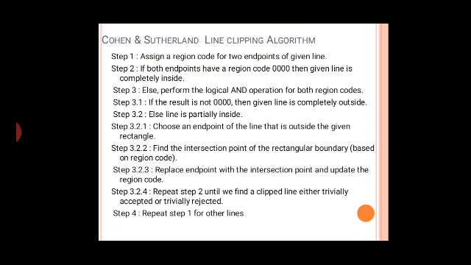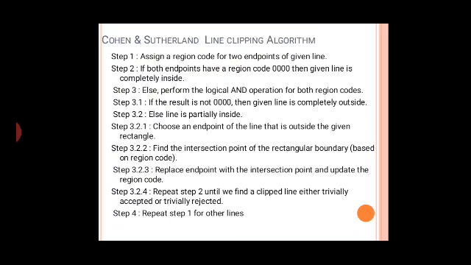If the result is not 0, then the given line is completely outside the clipping window, hence you need to clip out that particular line. Else, if the result is 0, that particular line is partially inside the clipping window, meaning you have to find the intersection point and clip the portion of that line.